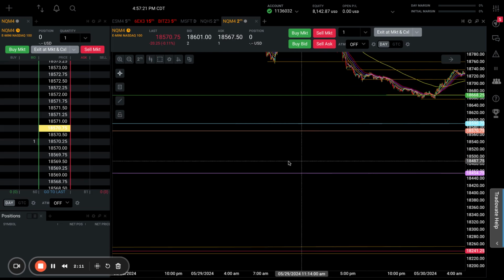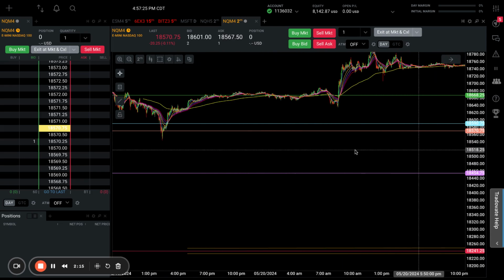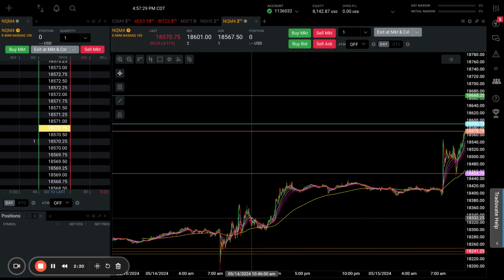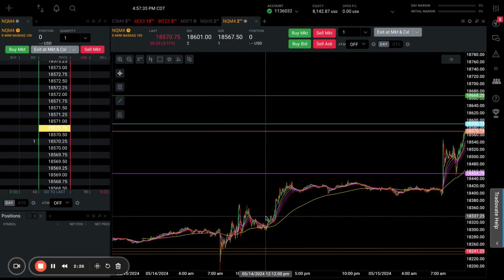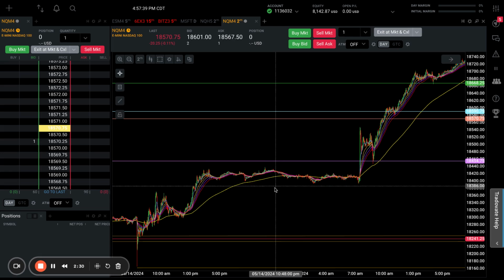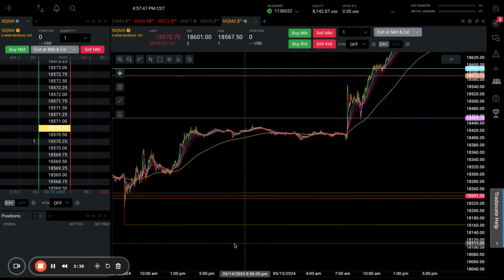And the last time we were at these levels, if you go all the way back here, was around May 14th. So this is how you want to be able to find your key levels of support. See, I drew this line all the way over here from May 14th.